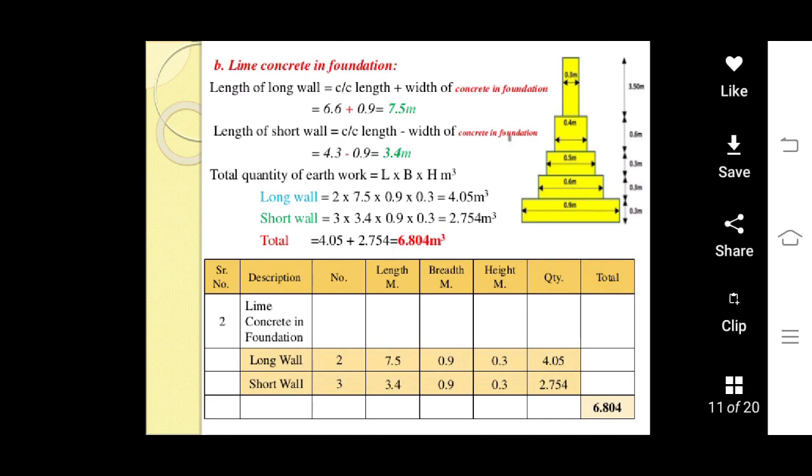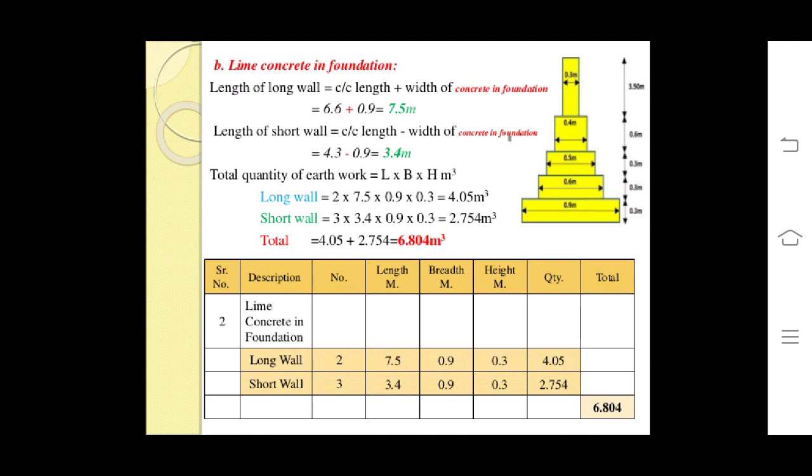of above quantities, that is 4.05 plus 2.754, which is equal to 6.804 meter cube. Entering this calculation in measurement sheet, we can get the long wall quantity for lime concrete is 4.05, and for short wall it is 2.754.